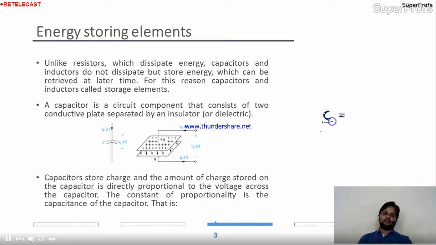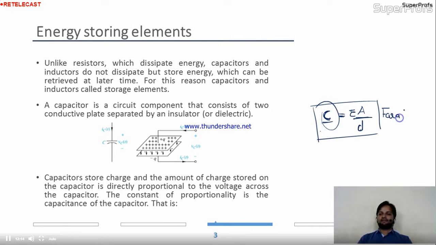This capacitance is directly proportional to the area of the plates and inversely proportional to the distance between plates. And here this is the constant permittivity. C equal to epsilon A by D. And the unit of C is Farad.